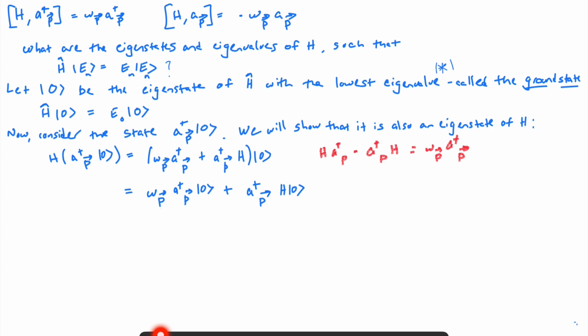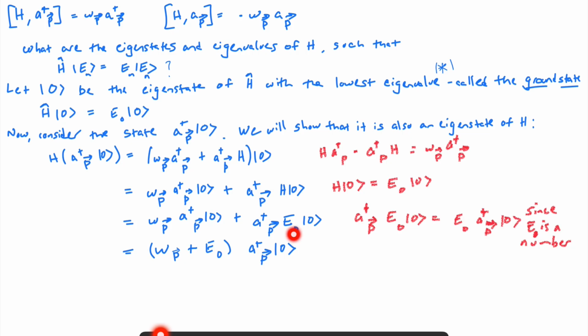But now look at this second term. Here I have H acting on |0⟩, and by definition, this ground state is an eigenstate of H, which follows this equation right over here. So I can rewrite that as the following. This stays the same, a dagger sub p, E sub 0, |0⟩. That's just the definition of the ground state. And this E0 is just a constant, a number, not an operator.